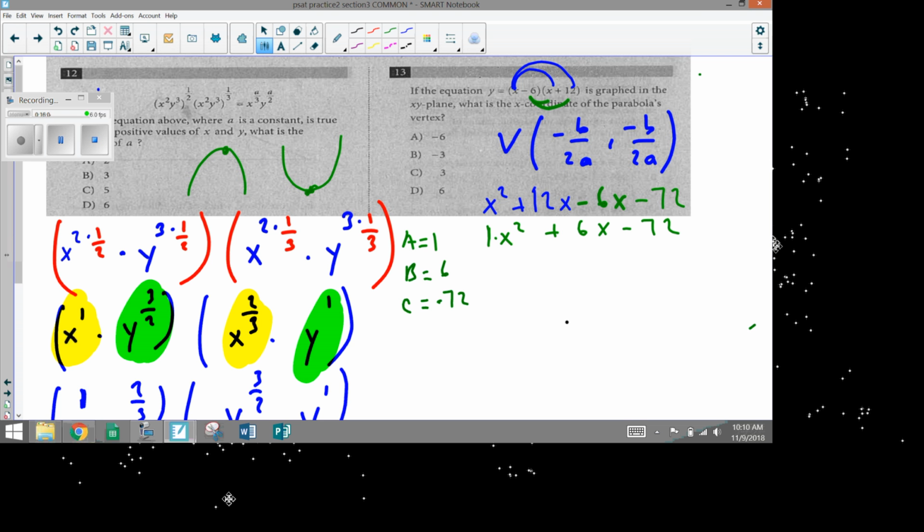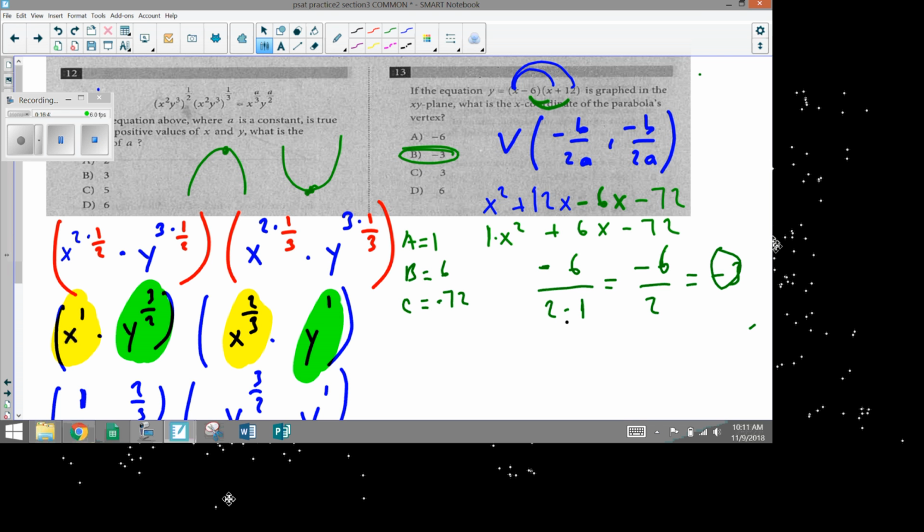So it's saying negative b over 2a. What is b? 6 over 2 times a. A is 1. So negative 6 over 2, that makes negative 3. If they ask you what is the y coordinate, you're going to plug this one back into the original expression.